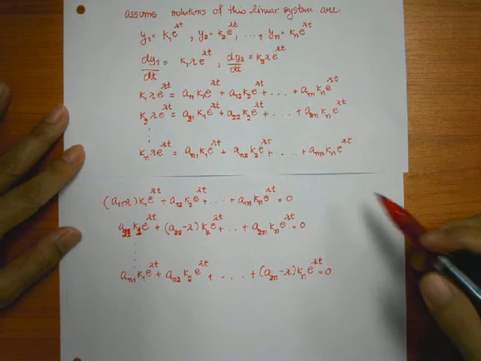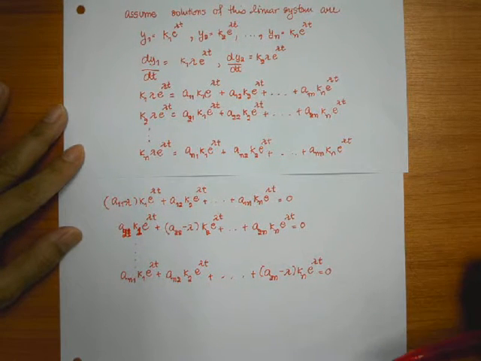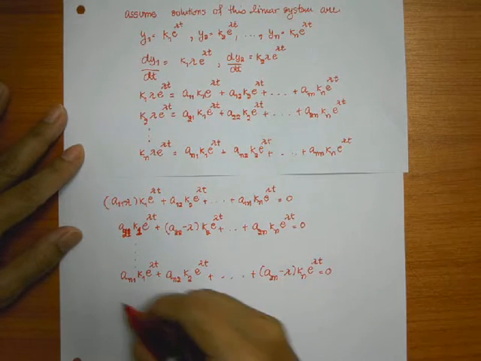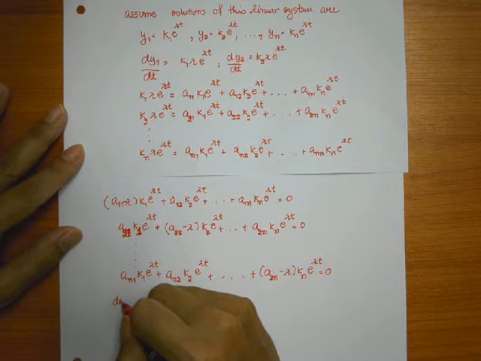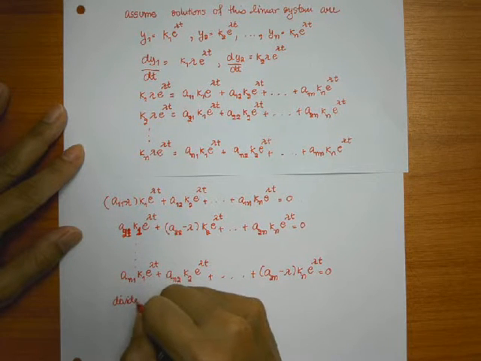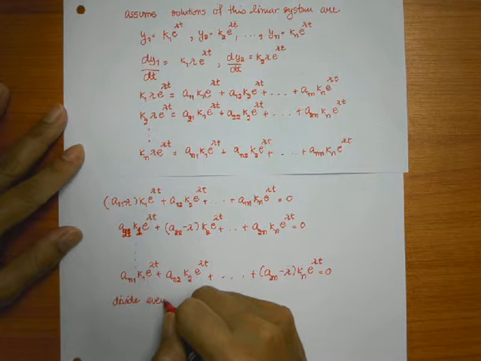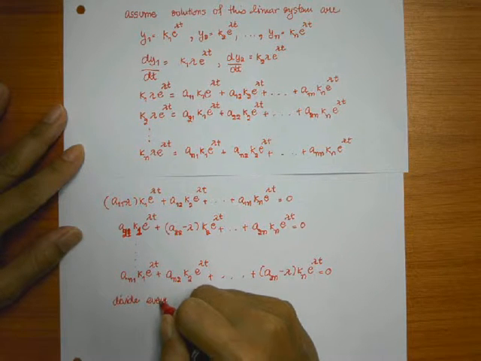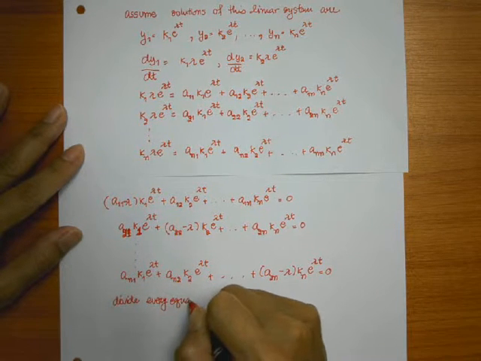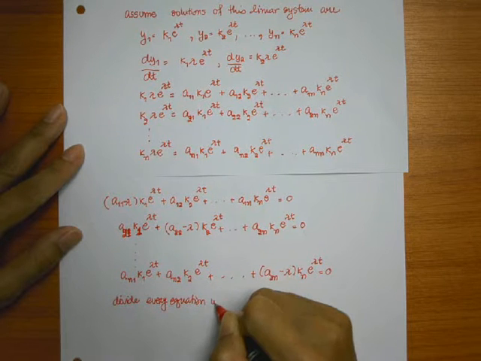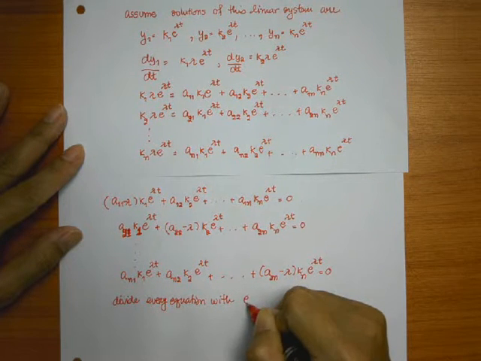Every equation in here has the term of exponential of lambda t. So I said that, okay, divide every equation by exponential of lambda t.